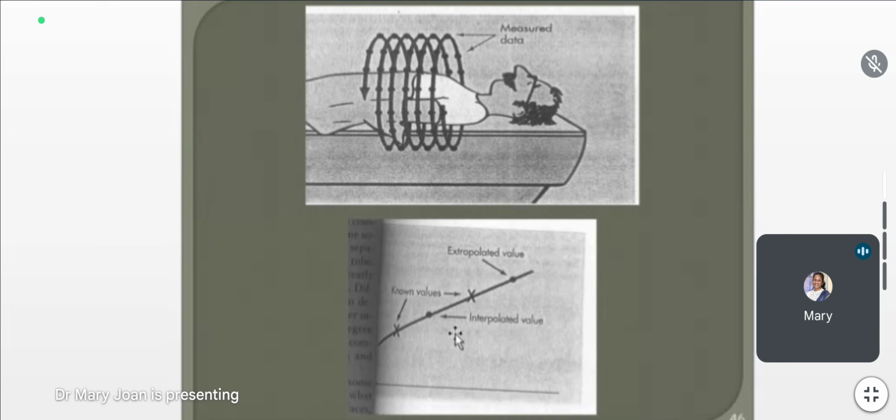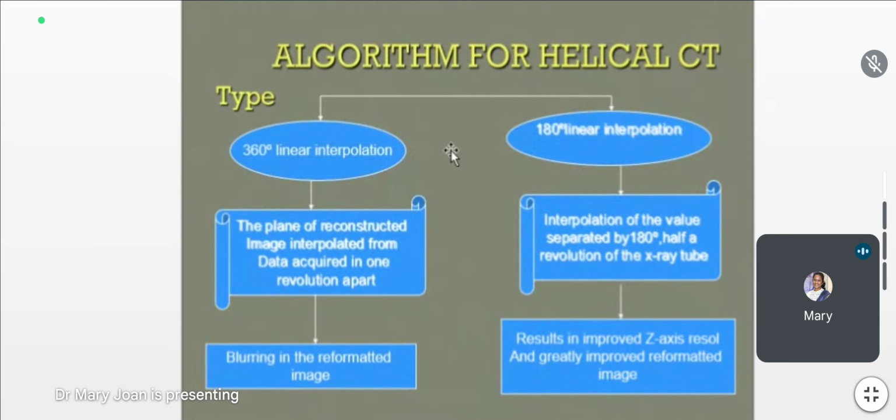This is the basic principle of plotting a graph. Similarly, when we have information for one full circle, we have less information, and when we have information for half a cycle, we have more information, double the information. That will result in an improved image.